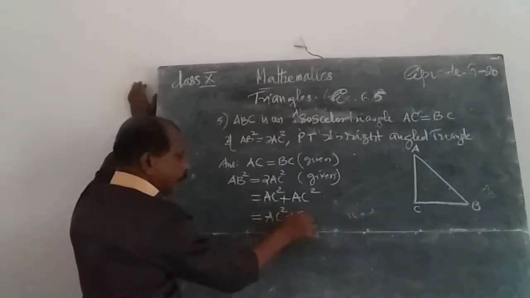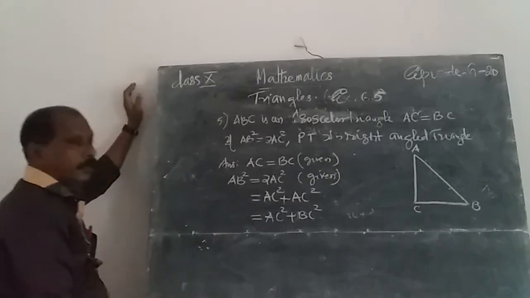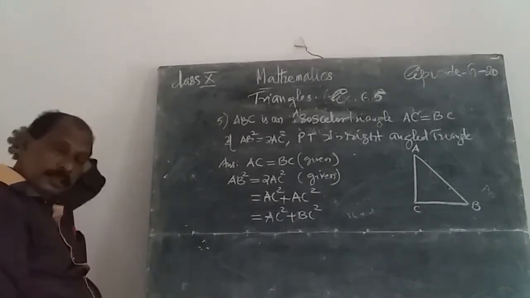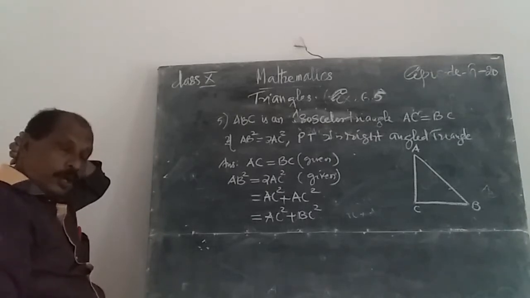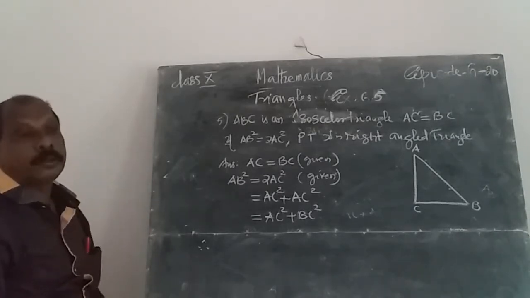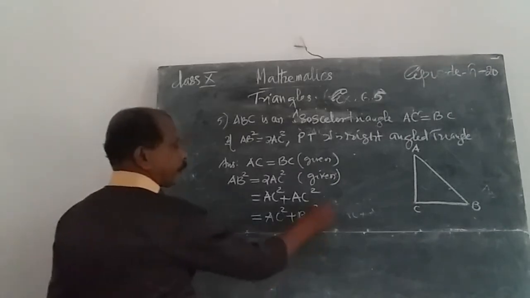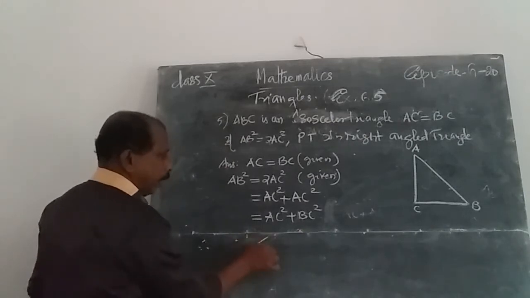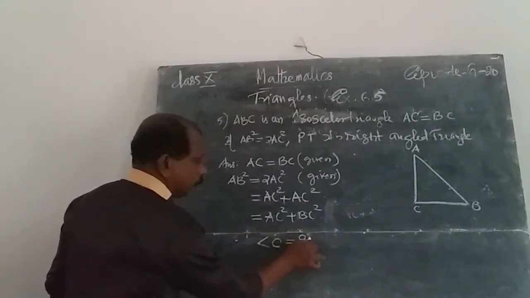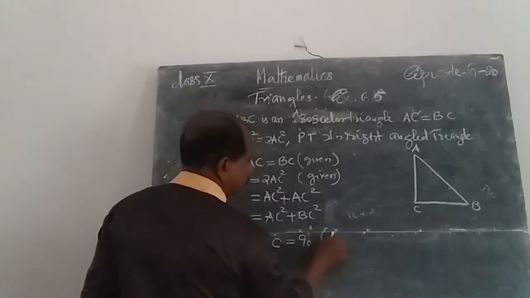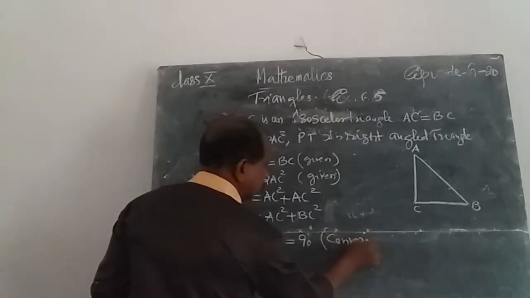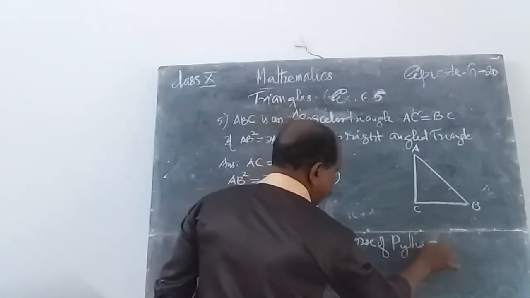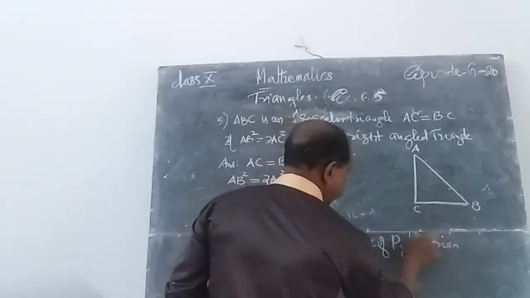This is what the sum of squares of two sides is the square of the third side, that is the converse of the Pythagoras theorem. Therefore, angle C is equal to 90 degree.